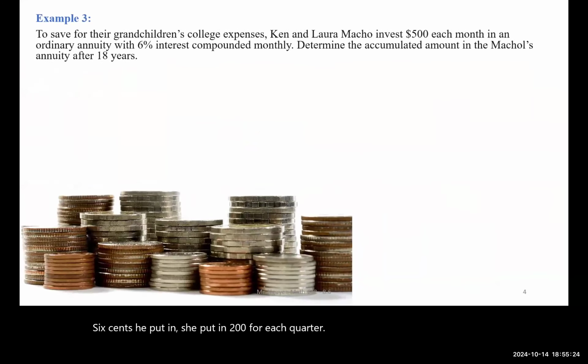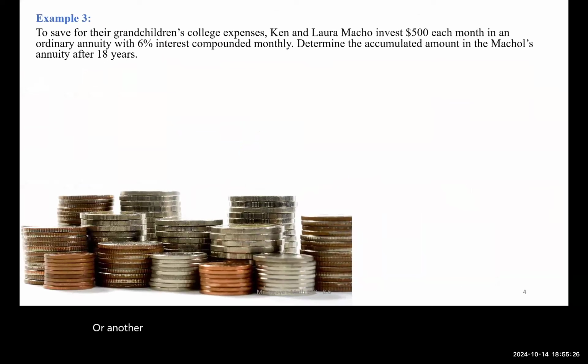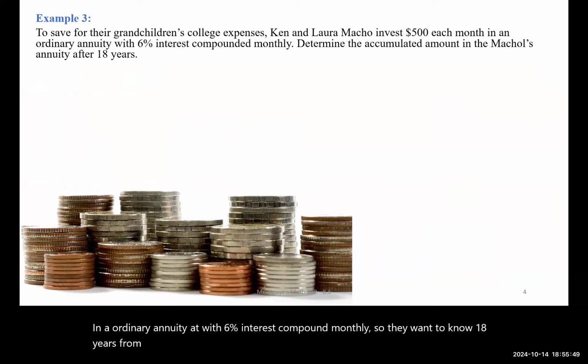Or another example, to save for their grandchild's college expense. Ken and Laura Macho invest 500 each month in an ordinary annuity with 6% interest compounded monthly. They want to know 18 years from now, when the grandchild, who was just born, reaches college age.